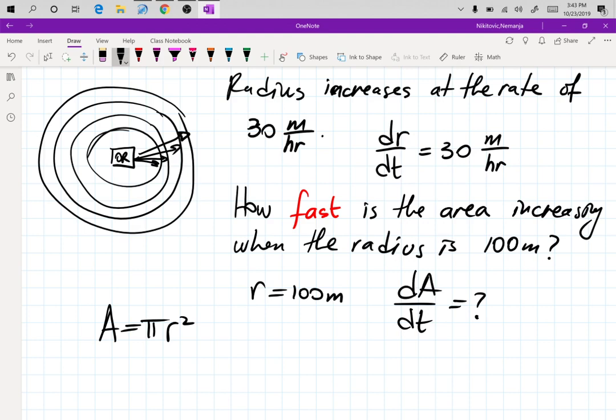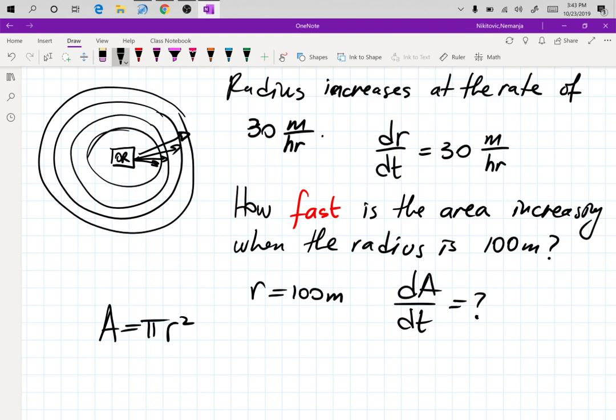We have to follow with the chain rule. We learned that in 3.8. This formula here is called related rates. And that's the formula that you will be using as engineers to figure things out.